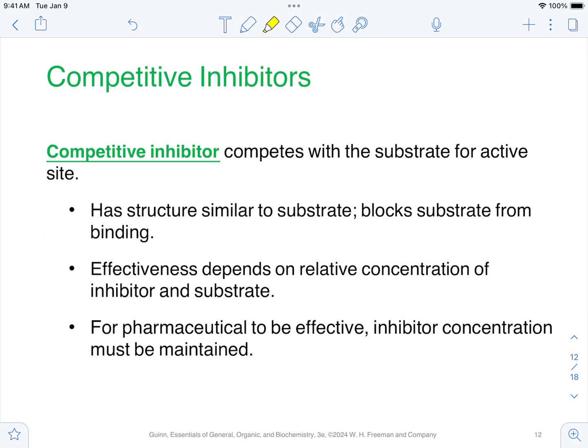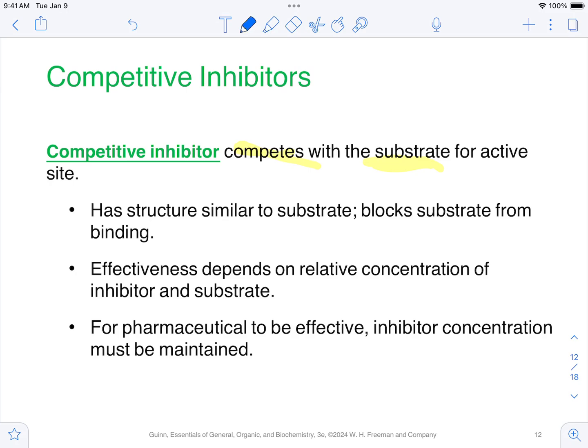So competitive, again, competes with the substrate. It looks similar to it. It has the same puzzle piece that it needs to have, and it blocks the substrate from binding. It gets there first. Now, the effectiveness depends on the concentration of both the inhibitor and the substrate.